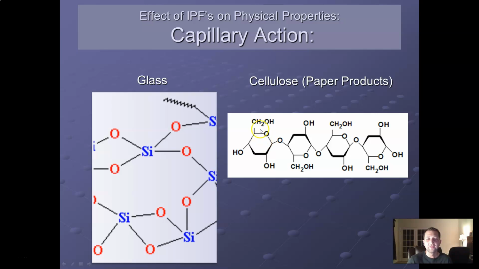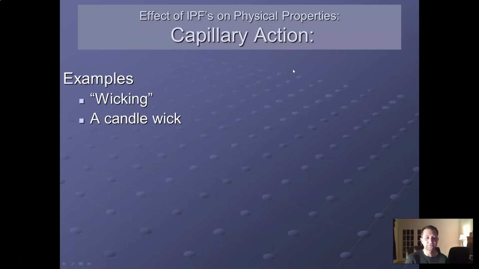That's what makes the paper polar: all these OH groups and the partial charges associated with them. And glass is polar as well because you have a very electronegative element, oxygen, present in a lot of it. So that's what gives glass and paper their polarity.